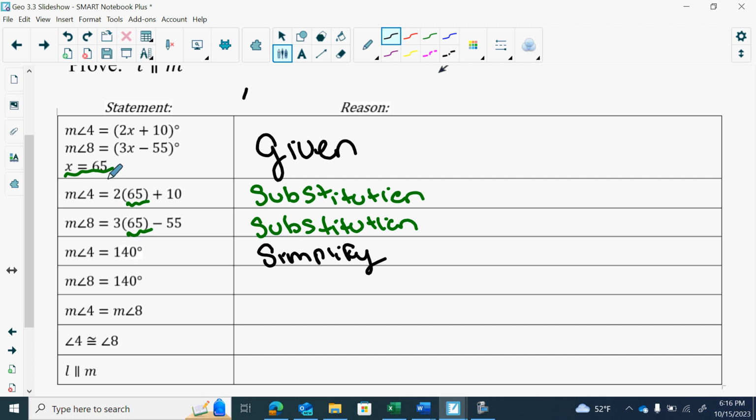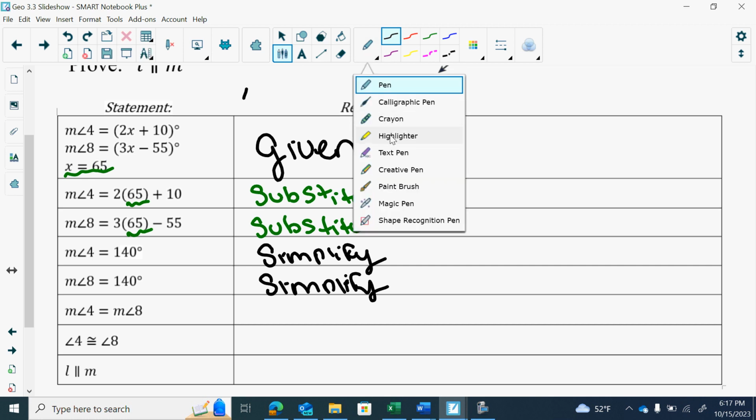And then I can say, 3 times 65 is 195, and 195 minus 55 is 140. So I can also say that's simplification. Well, now let's think here. What do I have? I have two angles that are congruent because they have the same measure. So down here, this is just substituting in here, and I'll show you with a highlighter how it is.